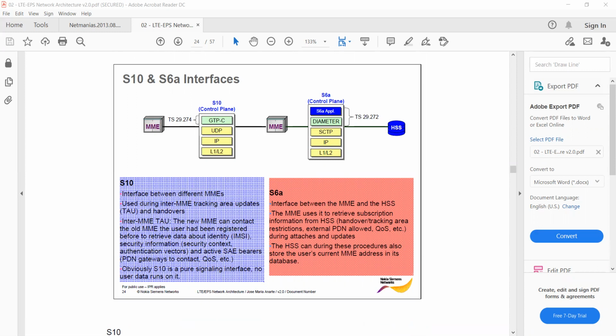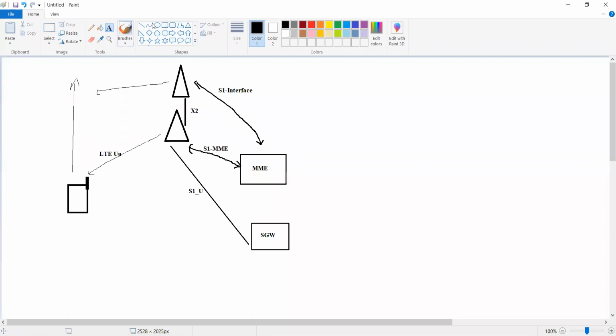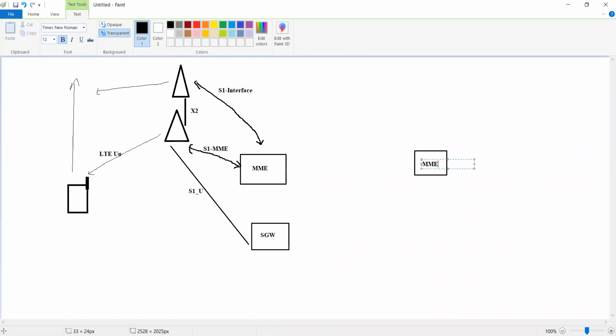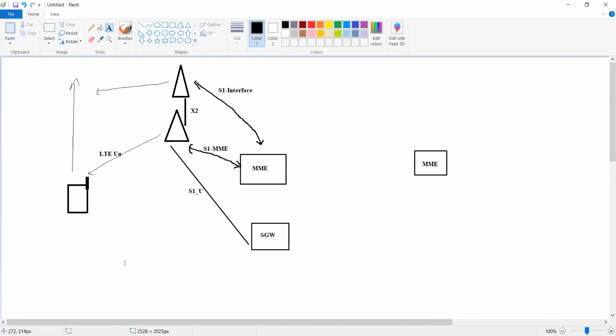Suppose this is my MME, and there is one more MME somewhere else. This is in one area, suppose in Riyadh, and the second MME is in Dammam.